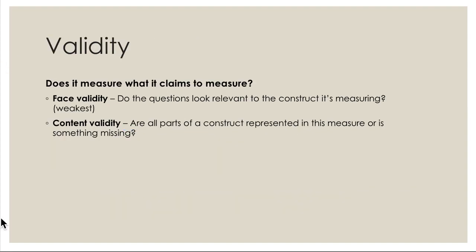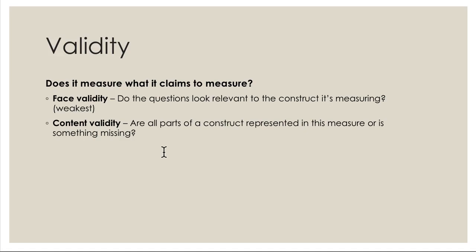Okay, and other types of validity. When we're talking internal validity, does this measure what it claims to measure, right? So probably the weakest type of internal validity would be face validity. So just looking at the questions, does this look like it's probably relevant?